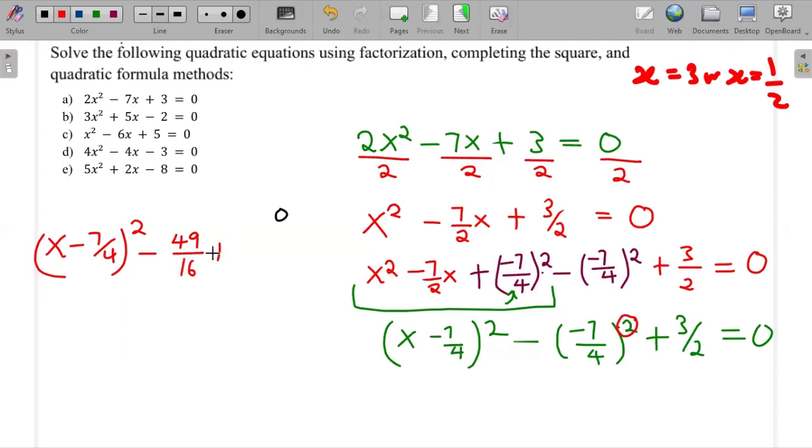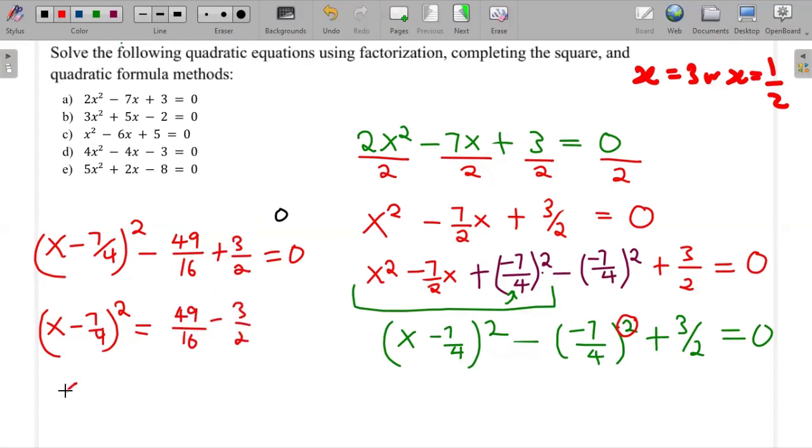And then I have plus 3 over 2 is equals to 0. Meaning here I have x minus 7 over 4 squared, and then I take these guys to the other side. So it will be equals to, this was minus, it becomes positive. And then this was positive, it becomes minus.